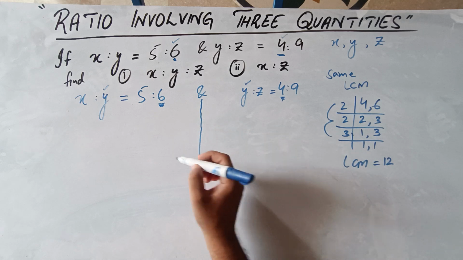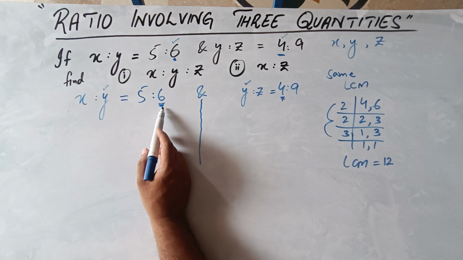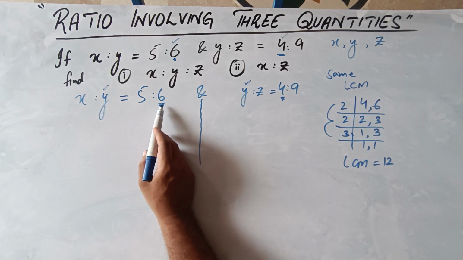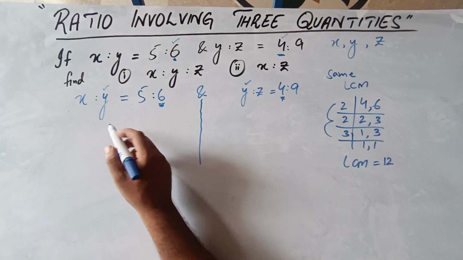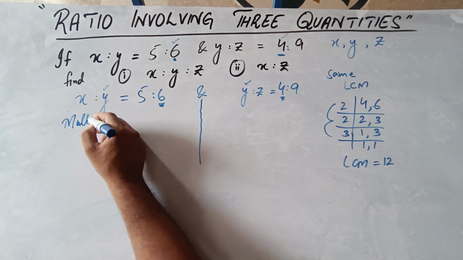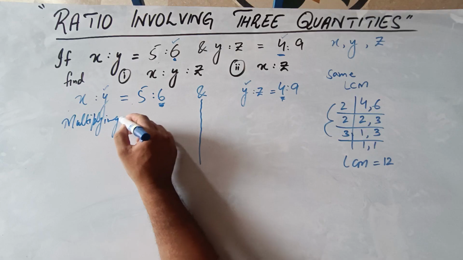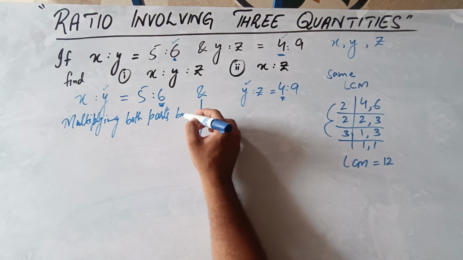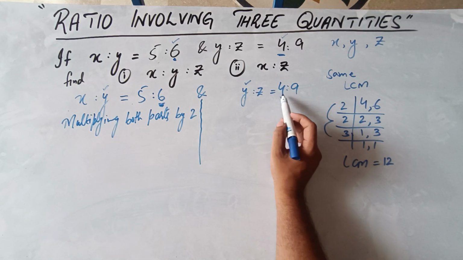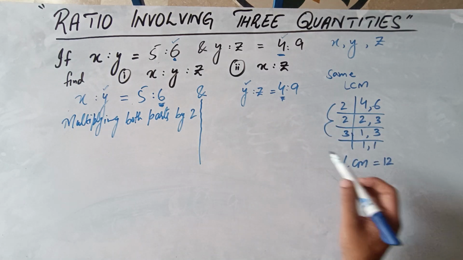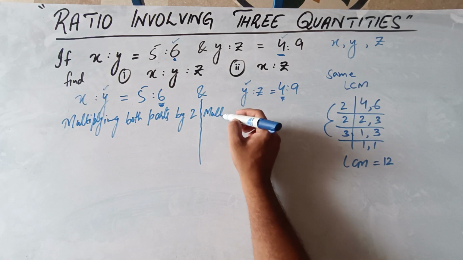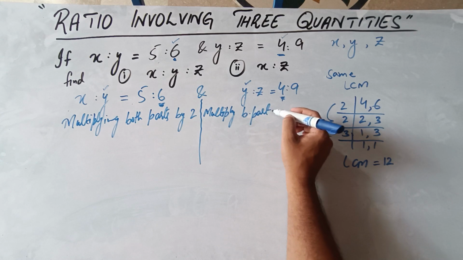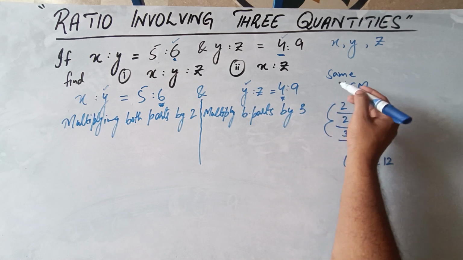Now in order to make this 6 equal to 12, we will multiply 6 by 2. But according to maths, we need to multiply both parts by 2. And in order to make 4 equal to 12, we multiply both parts by 3. 4 3s are 12.